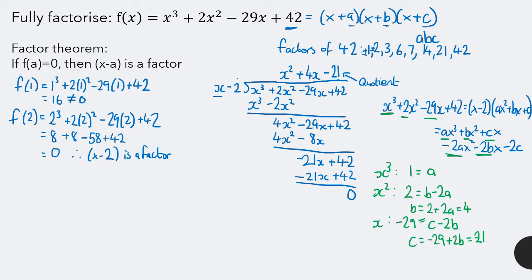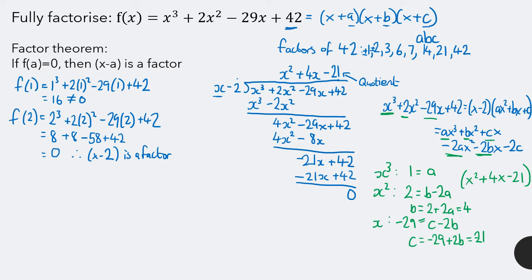Okay, so I get the same coefficients as I had before. So ax squared plus bx plus c is 1x squared plus 4x minus 21. Okay, and exactly the same as I got from the polynomial long division.